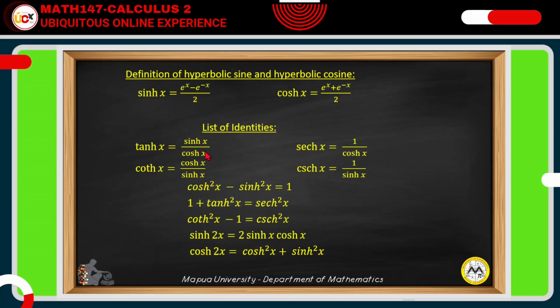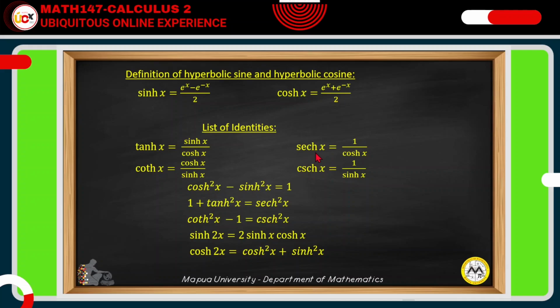Okay, the following are the different identities involving hyperbolic functions. Hyperbolic tangent x is hyperbolic sine x over hyperbolic cosine x. Hyperbolic cotangent x is hyperbolic cosine x over hyperbolic sine x. Observe that the reciprocal of hyperbolic tangent x is the hyperbolic cotangent x.